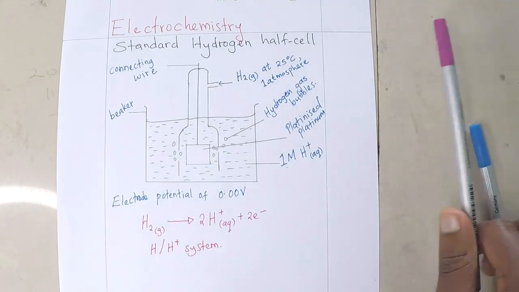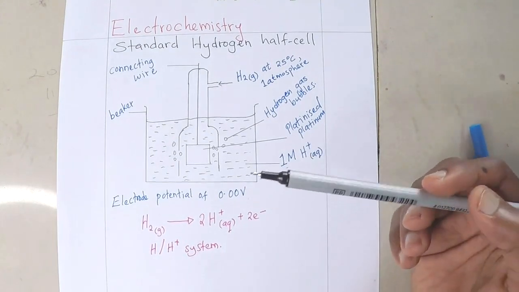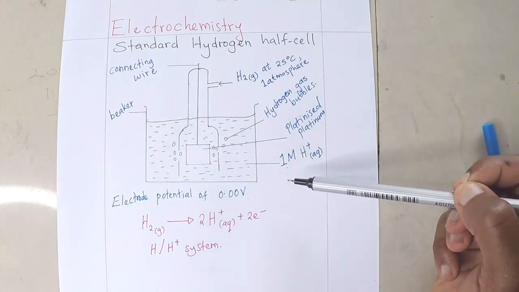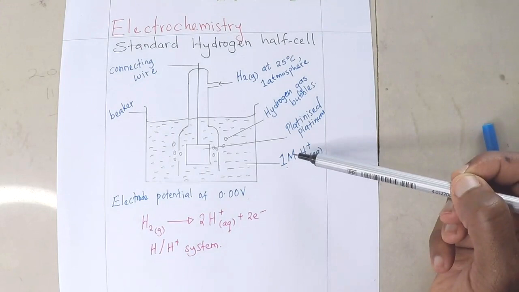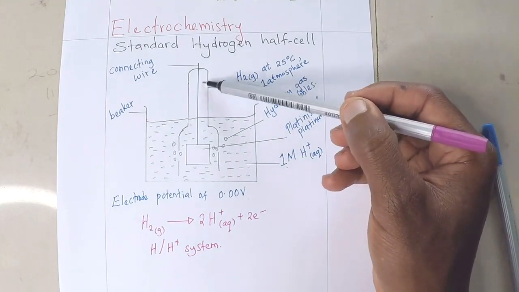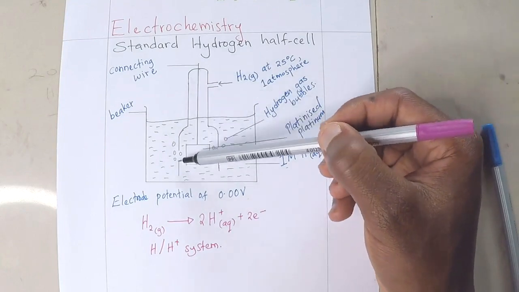Now the hydrogen electrode, as I said, consists of an inert metal like platinum, which is platinized platinum, in contact with the 1 molar solution, and hydrogen gas is pumped through an apparatus that looks like this.